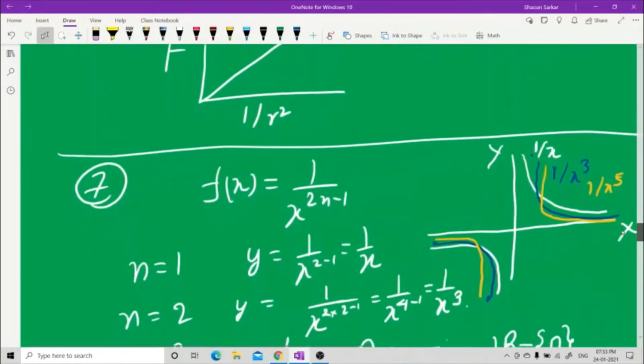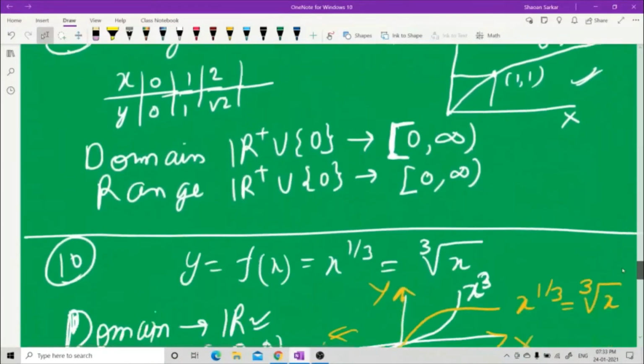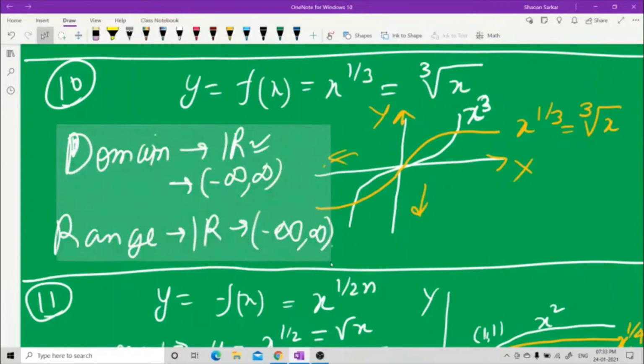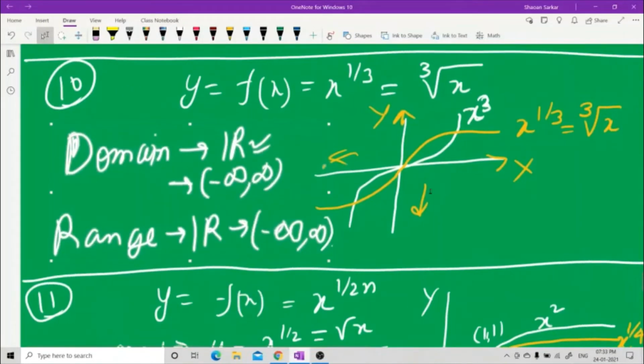This was the cubic graph in white color, and the yellow color was the cube root graph. I'll just copy the domain and range of this cube root graph and paste it there. So my work would be over.